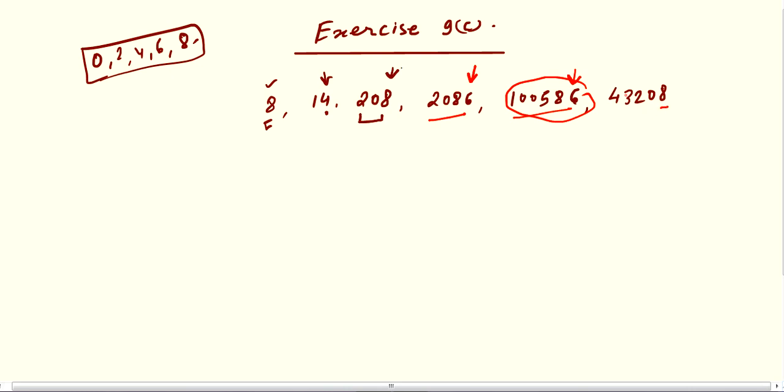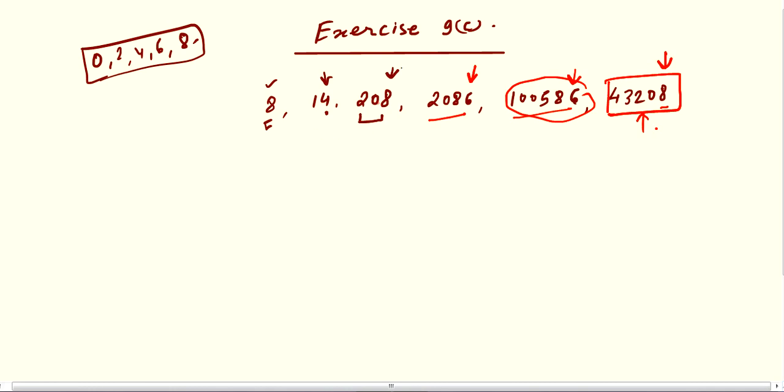Again the last number is 8, which is divisible by 2, that means this whole number is divisible by 2. So simply for 2, if you are having an even number at the unit place, the given number is divisible by 2.